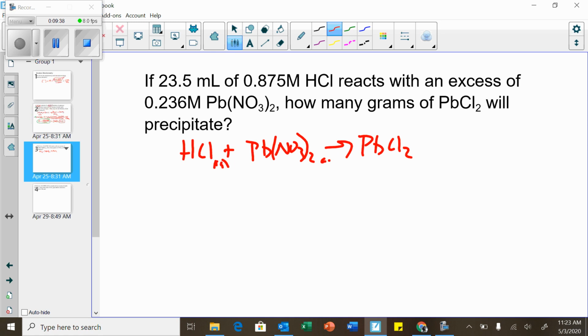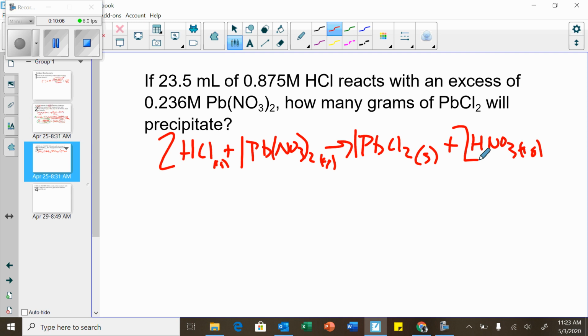This guy's aqueous. This guy's a solid. And our other product's going to be the hydrogen with the nitrate. So HNO3, right? A partner swap. This guy will be aqueous, but it doesn't matter because we're not doing anything about that guy. To balance it, I think I need a 2 here and a 1 here and a 1 here and a 2 here. And I think that guy's balanced.